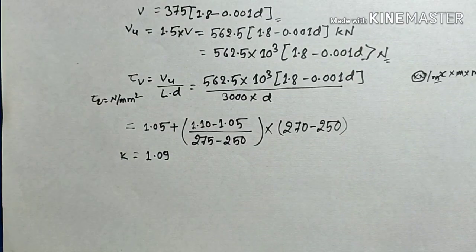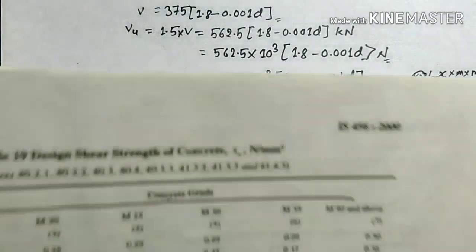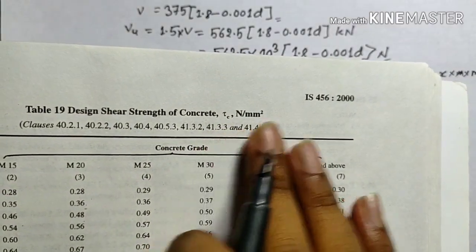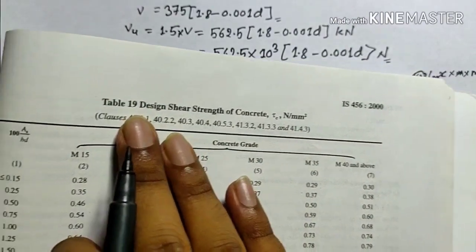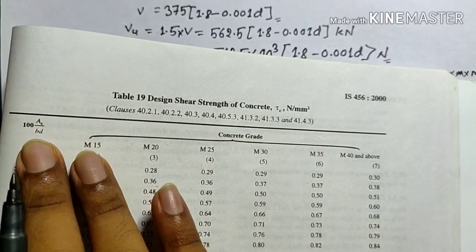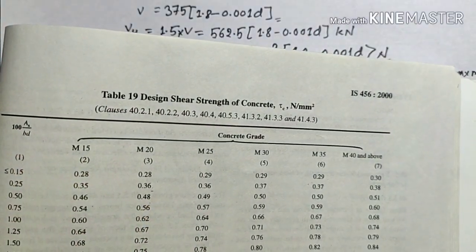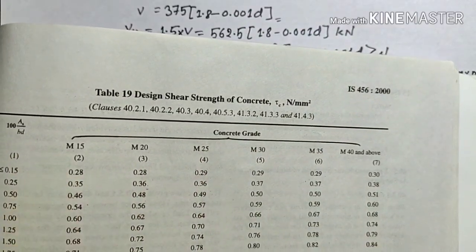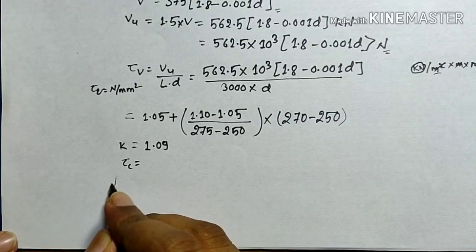Now we need to find the value of tau c, and we can obtain the value as per the code IS 456 from table 19, which is based upon the percentage of steel. So let's find the percentage of steel first, then we will interpolate to get the value of tau c. And we have the formula for percentage of steel.